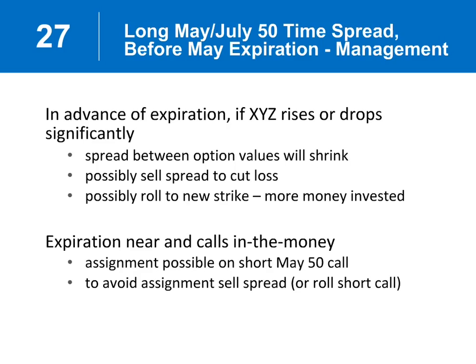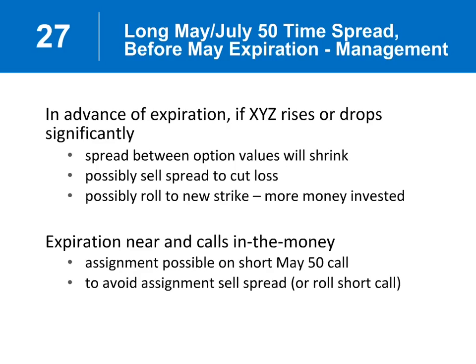The only way we can expect assignment in advance of expiration on our short option is if the stock has obviously rallied, if we're on the call side, and we've got an option that is now deep in the money with no significant time value.